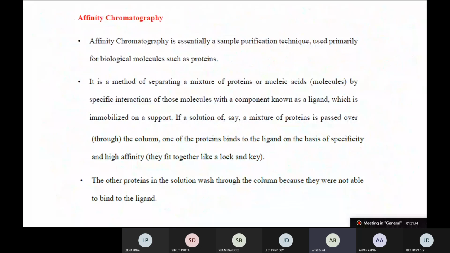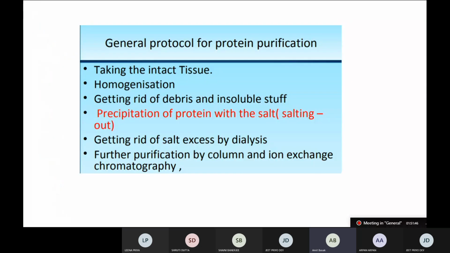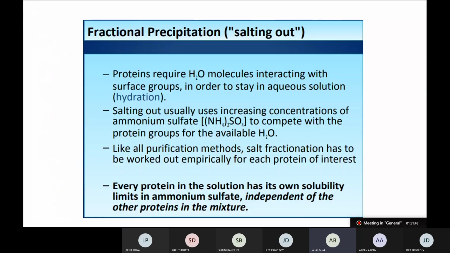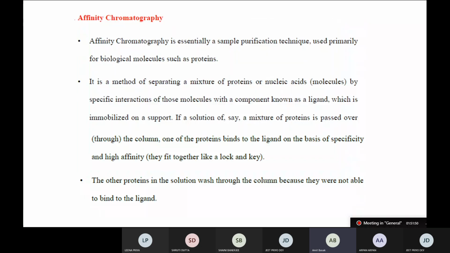Yes, sir. Okay. I think one more thing I want to talk about is affinity chromatography. So what have we done? We have done the salting in, salting out, that was mentioned in your syllabus.